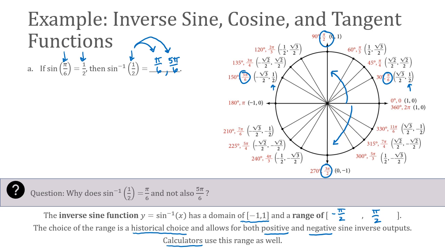Absolutely. But at some point in history, a decision had to be made. And the decision that was made is this decision that I've given you. So it's always going to be in your calculator and in math books, only the outputs between negative pi over 2 and positive pi over 2. So going back up to the top, you'll notice that 5 pi over 6 is not in that space. And so your calculator would never tell you that that is an output.